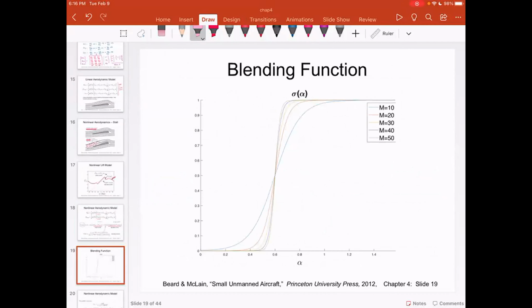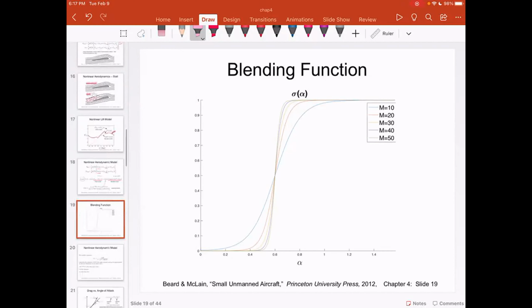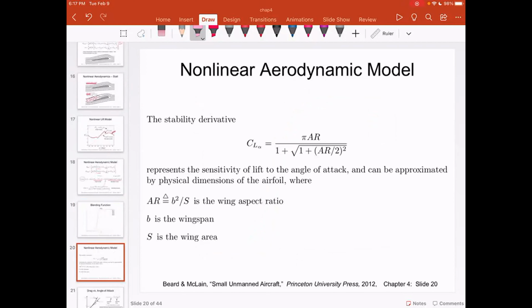And you have a blending function that ensures a smooth transition from the linear model to the flat plate model. You can think about it something like when you are designing the trajectory for a robotic arm, you can actually blend different types of polynomials, so that there is no sudden jump or jerks.